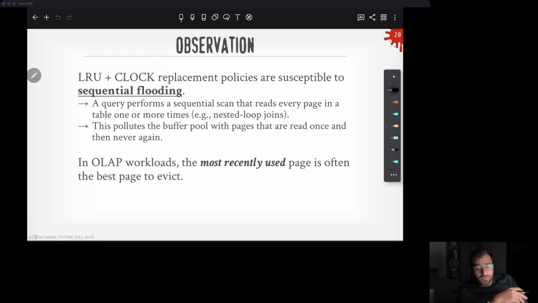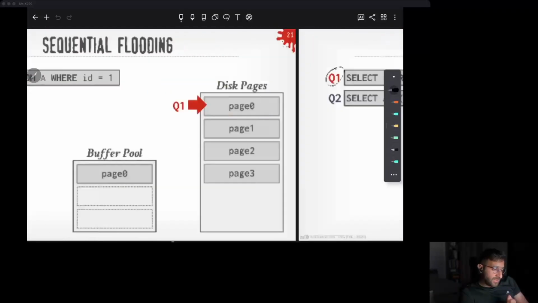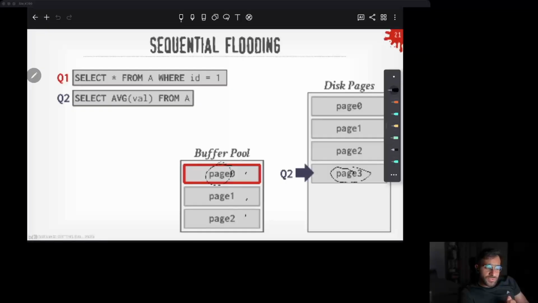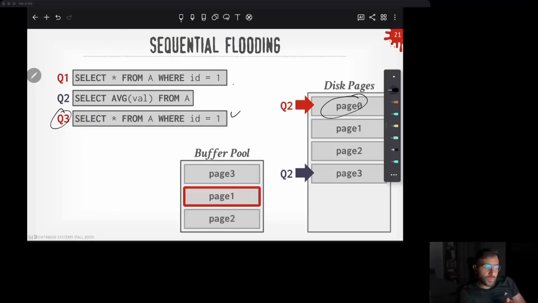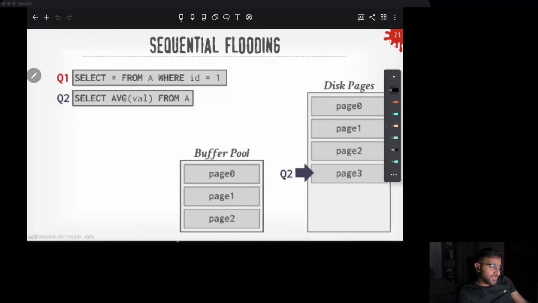We saw that page 0 was being used, but due to query 2, a sequential scan, you bring in pages and push page 0 out. But page 0 is used by the very first query, which occurs very frequently. So you'll again take page faults. They're not called page faults in database terms, but you know what I mean. You decide the page is not there and tell your storage manager to get it for you, and that's extra CPU cycles you're wasting.